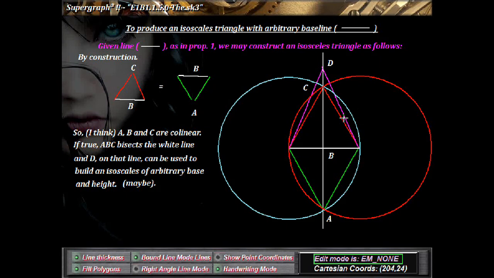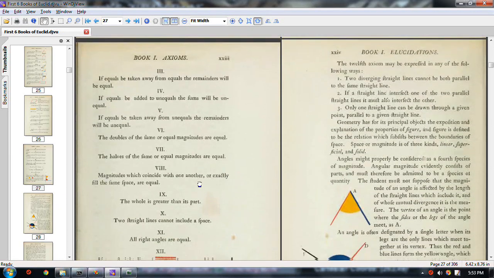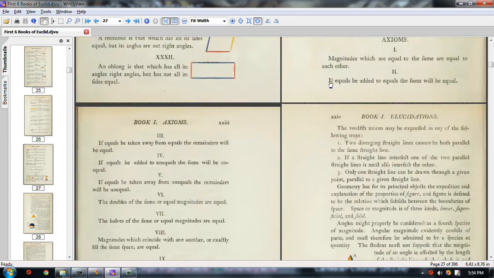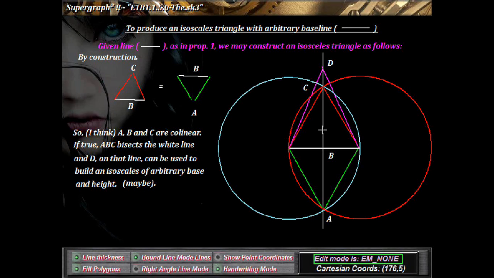It's not a given. If you think that that's a given, then you're making an assumption, right? There's nothing in the axioms that says that. Try to find something in here that tells you that those are equal, and then you can say it. But there's nothing. There is nothing.